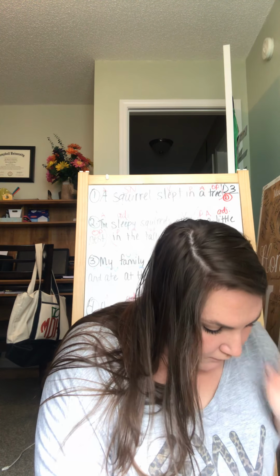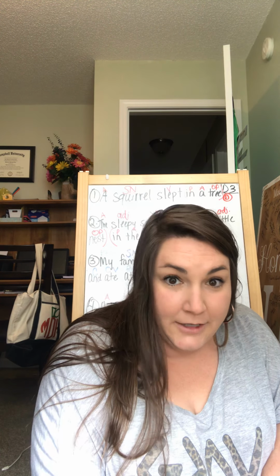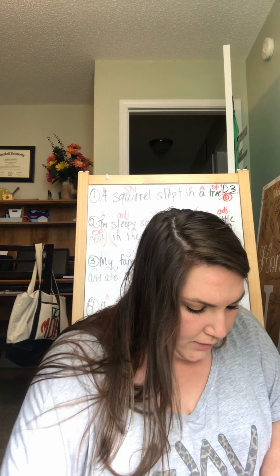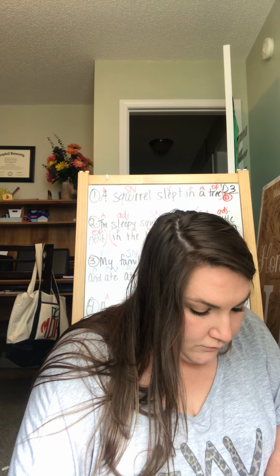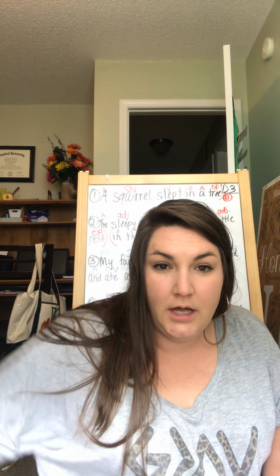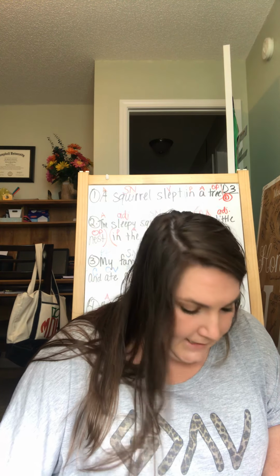Down to the next. I don't have any more names of people, but I do know that boat is a thing. So boat is a noun. I'm going to write the word boat right beside it. Tell how it's used. Well, we put an object of the preposition on top of that word, so I'm going to put an OP.